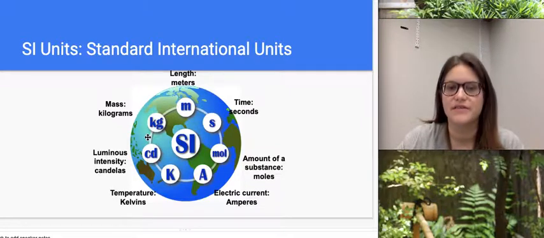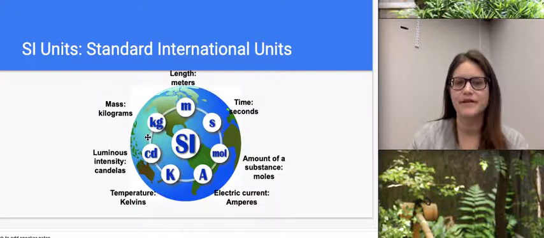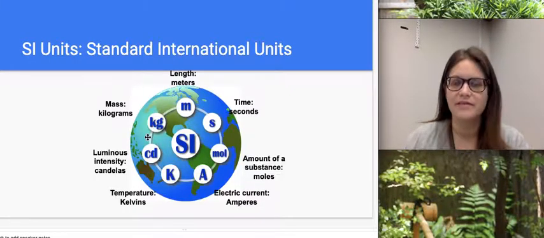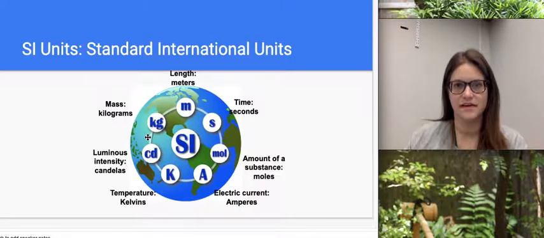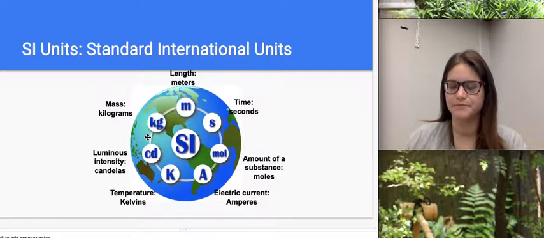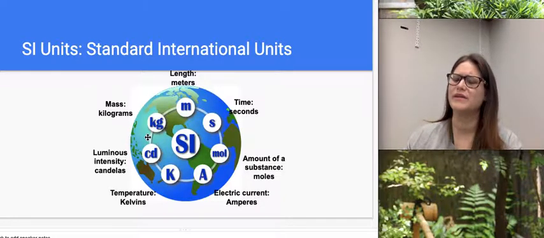The amount of a substance is called a mole, kind of like how 12 of something is considered a dozen, or 3 is a few, a couple is 2. An amount of something that we use as a standard unit is actually the mole. That is a really, really big number.